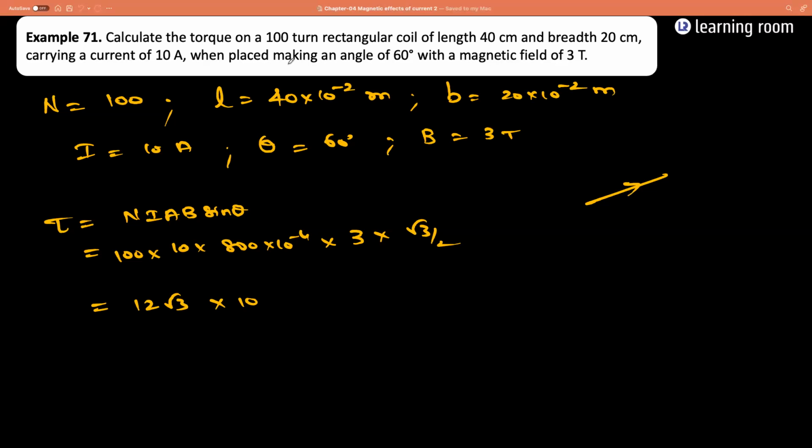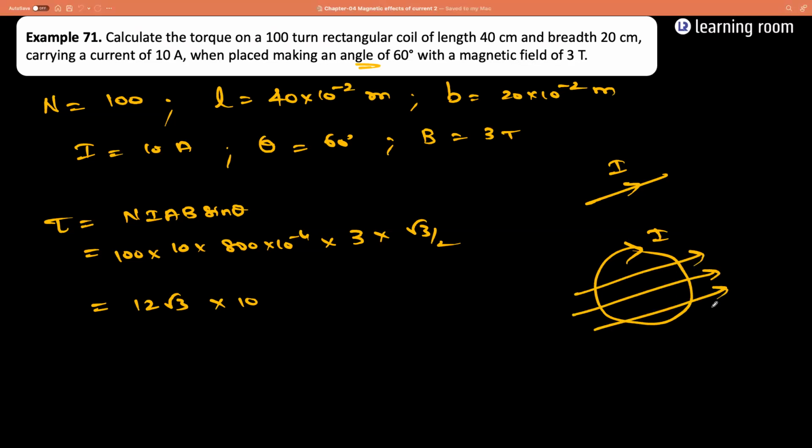Because see, when placed making an angle theta with the magnetic field means 90 minus 60, sir. Yes. So current is in the direction like this, and magnetic field is making an angle 60 degree. But what did I tell you? Angle is measured between whom? Magnetic field and the area vector, not between the magnetic field and the length vector.